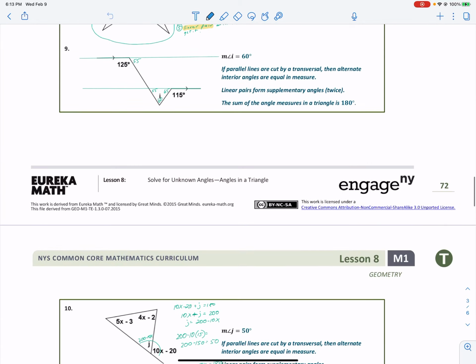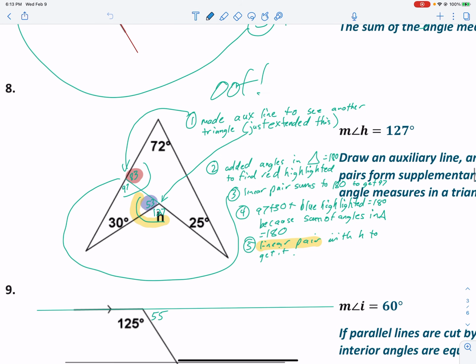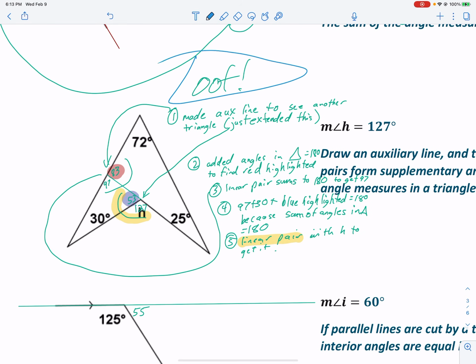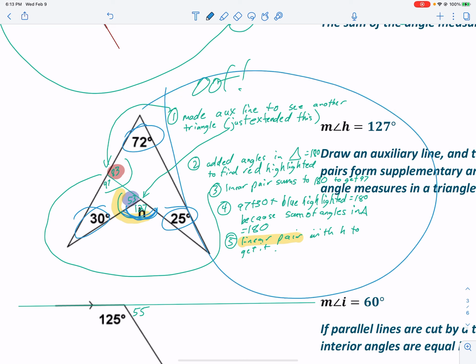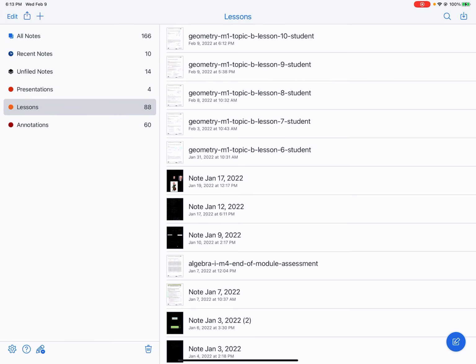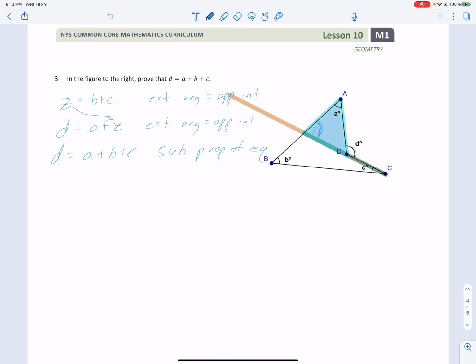Yes, teachers have to do all of this. Feel bad for us. I even wrote the word oof on it. Nobody even saw this. So I made an auxiliary line. Oh, look at that. I went the exact way that they did. But notice we have these three angles, and we actually could have just added them up to find that out. And look how many steps I took having to prove it and then show it. I didn't actually need to do all of that when I could have just done this 3-line proof. Isn't that elegant?